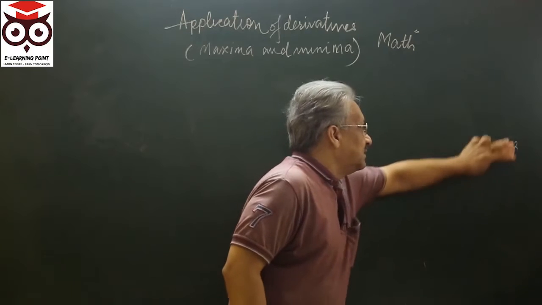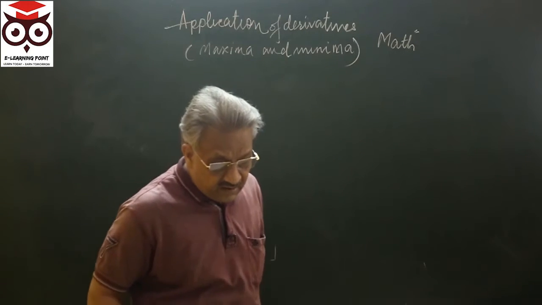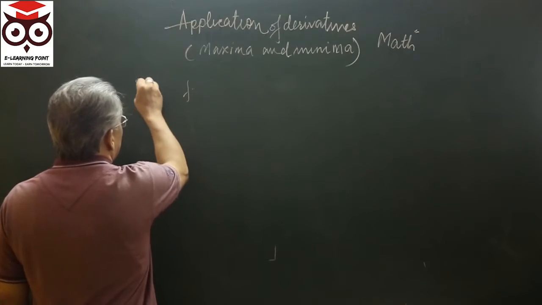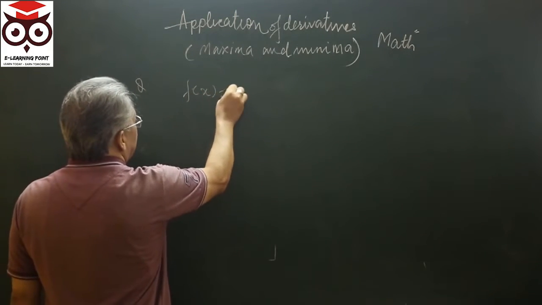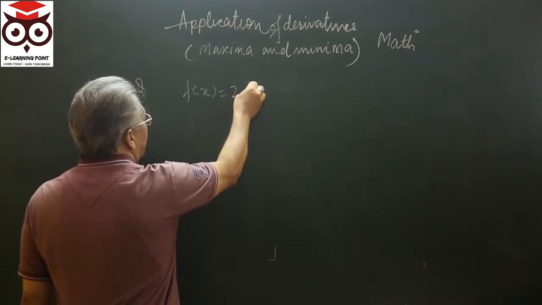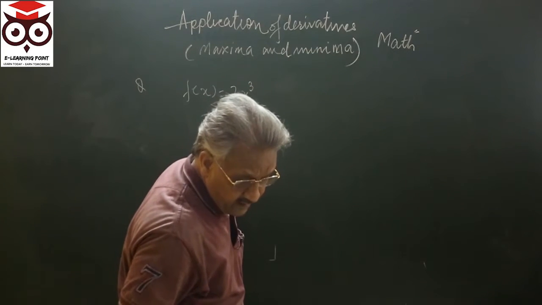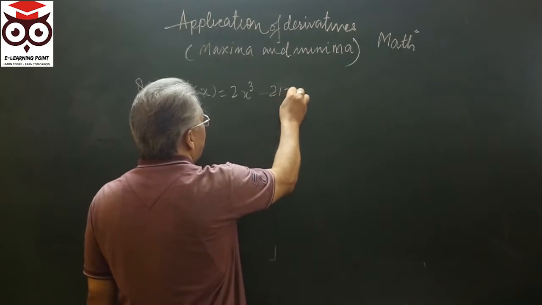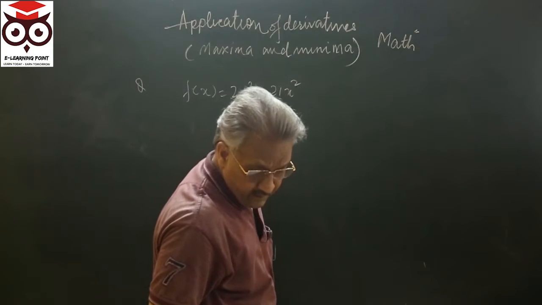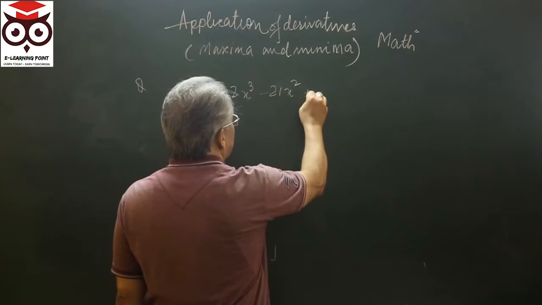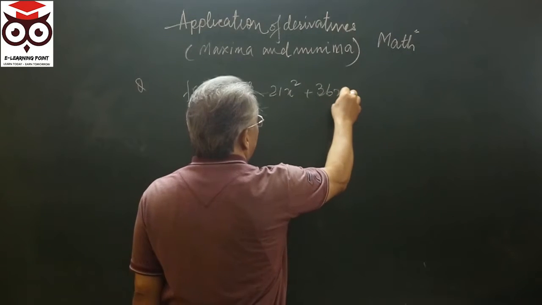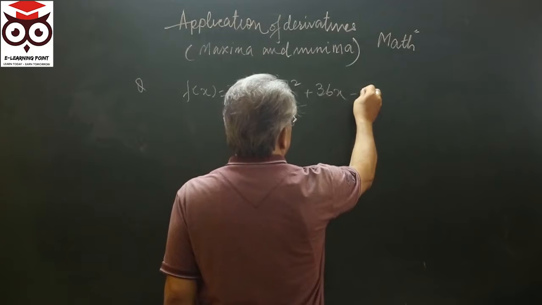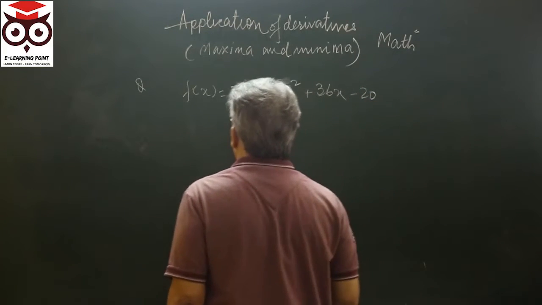Now I want to discuss some other problems. This is the question: 2x cube minus 21x square plus 36x minus 20. How will I sort out this problem?